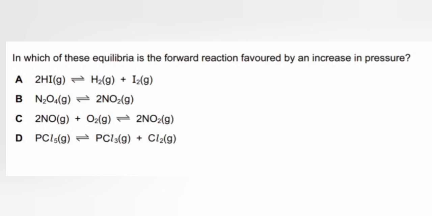In B, the product side has more moles, and in C, the reactant side has 3 moles, the product side has 2 moles, so the reactant side has more moles. In D, the product side has more moles, it has 2 moles, and the reactant side has 1 mole, so the answer is C. As the products have fewer moles of gas, an increase in pressure will favor that side, and so the forward reaction will be favored, and that is what the question is asking us.